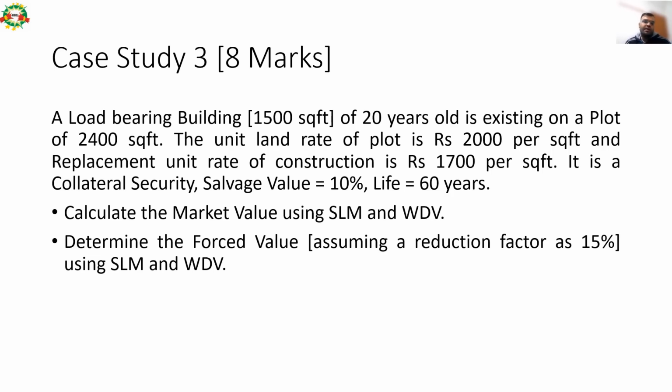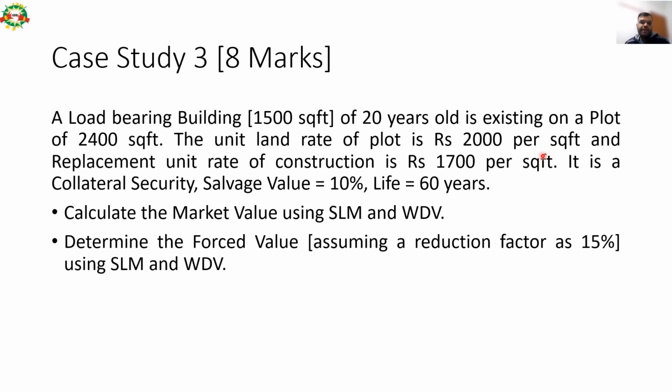Third case study: a load bearing building measuring 1500 square feet, 20 years old, is existing on a plot of 2400 square feet. The unit land rate of the plot is 2000 rupees per square feet.